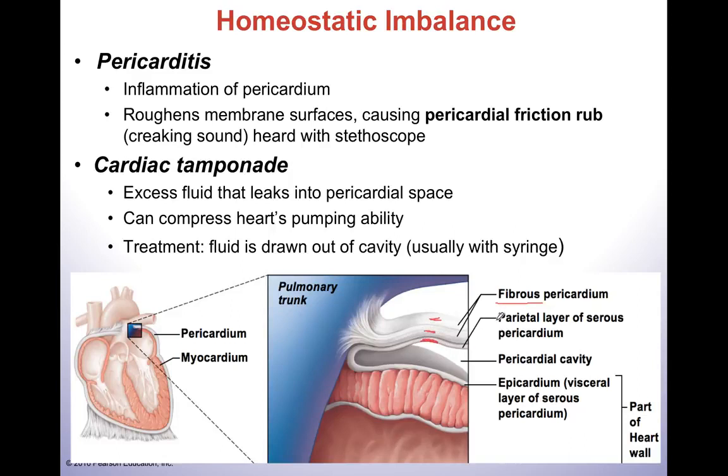This is the parietal layer, and notice how it's connected to the fibrous. Then you have your gap, which is the pericardial cavity. And then this layer you have inside will be identified as what? The visceral layer of the pericardium, which, as we learned, is also called the epicardium.